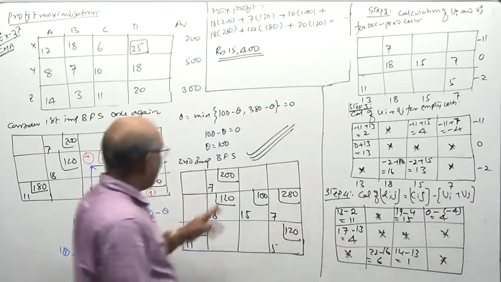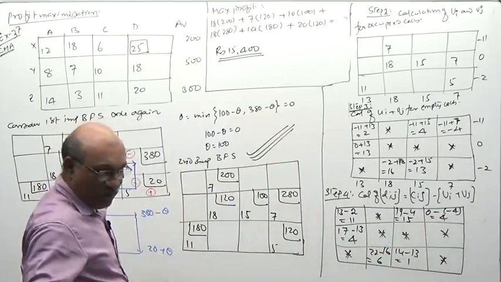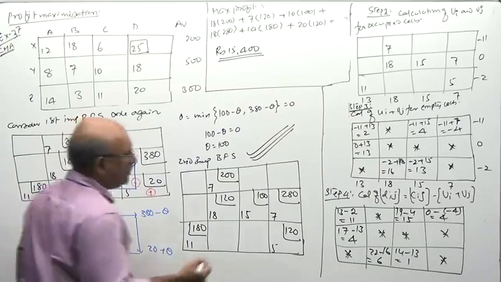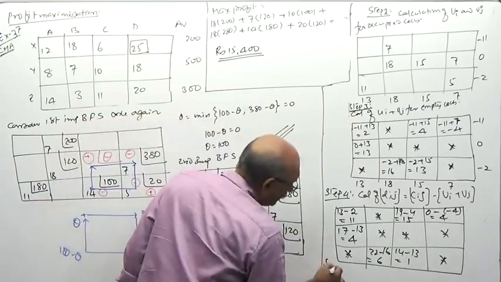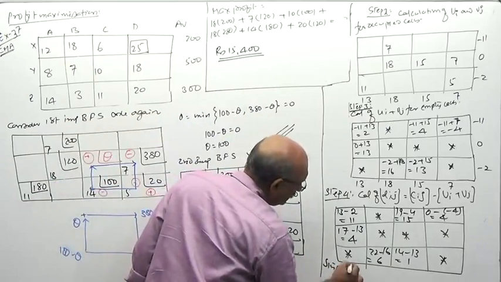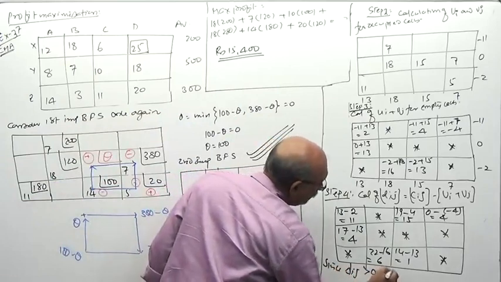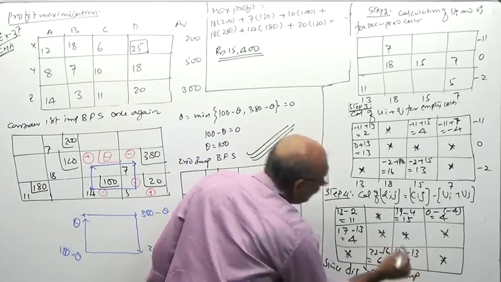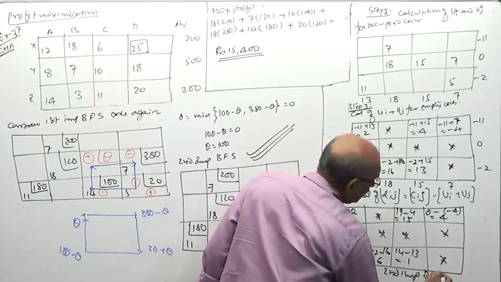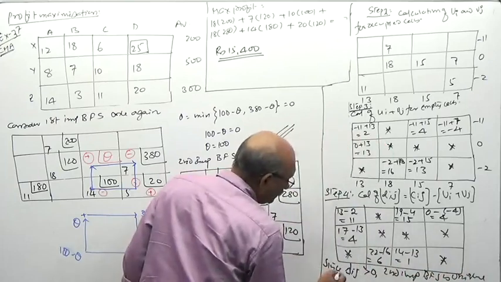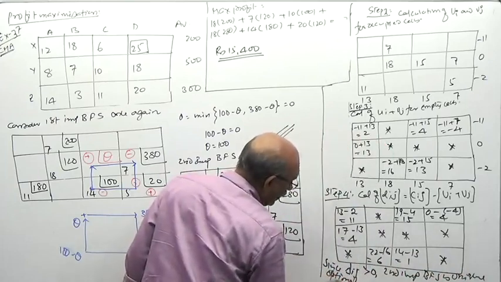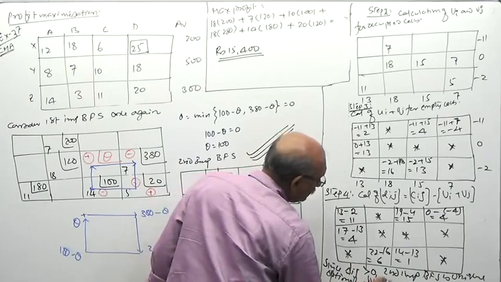So we have written this as second improved BFS is the unique optimal solution. Since Dij is greater than 0, the second improved BFS is the unique optimal solution.